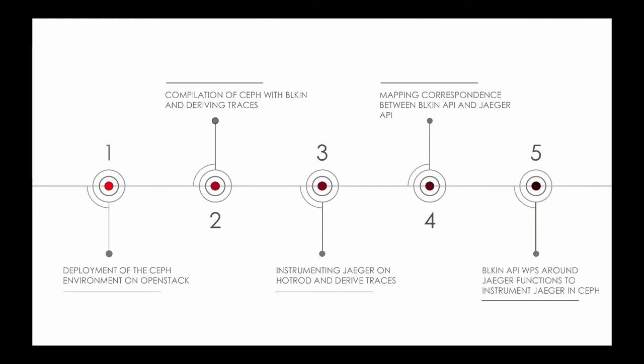Fourth, after looking into the Blkin API and the Jaeger API and understanding the functions, we mapped a correspondence between them. And last, the Blkin API was wrapped around the Jaeger functions to instrument Jaeger finally on Ceph.